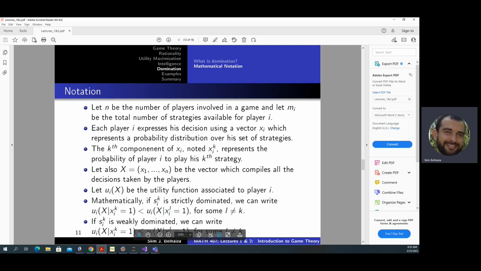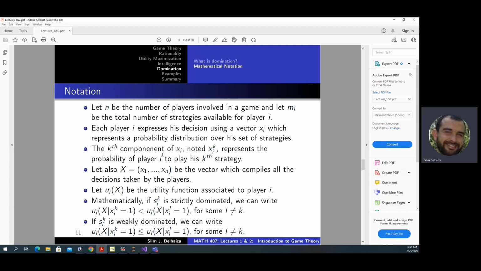So for some mathematical notation, let us now assume that the number of players within the game is n, and let m_i be the total number of strategies available for player i. Each player i expresses his decision using a vector of mixed strategies, x_i, which in fact represents a probability distribution over his set of strategies.